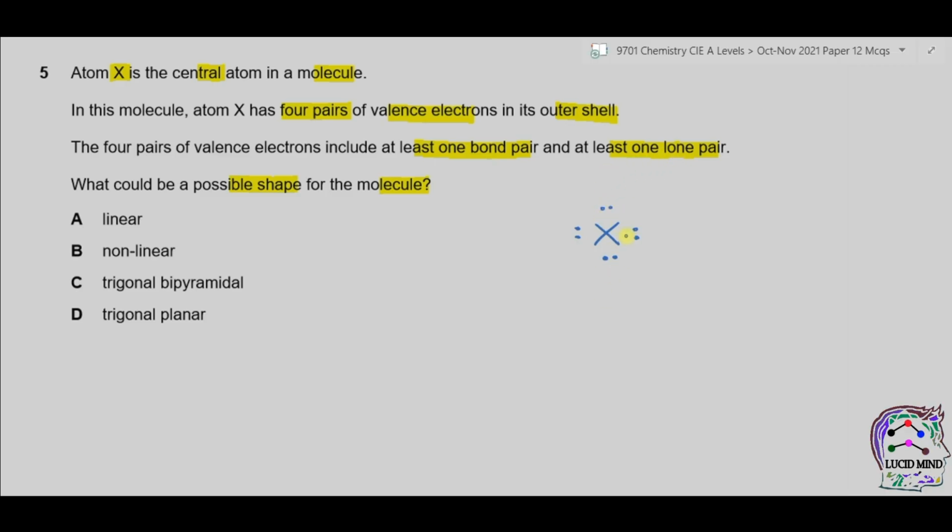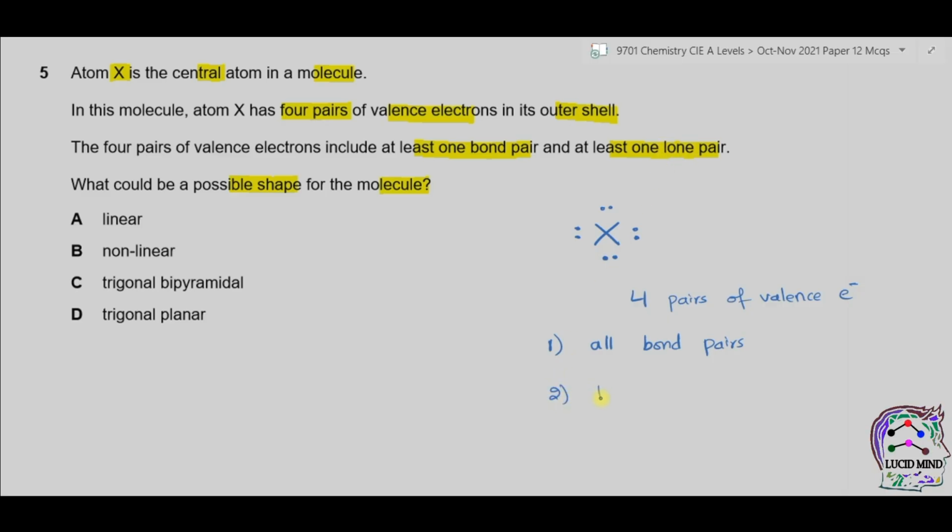Let's suppose we have 4 pairs of valence electrons, then we have different possibilities. First, all 4 are bond pairs. This is not possible because it says that it should have at least one lone pair.